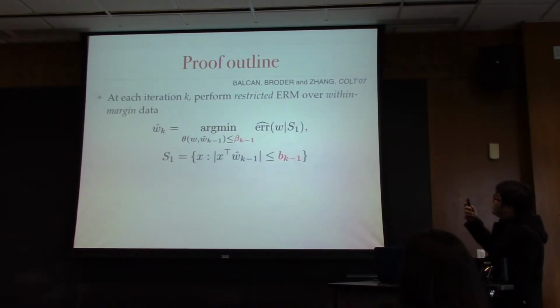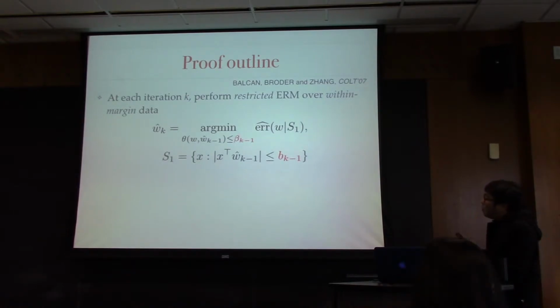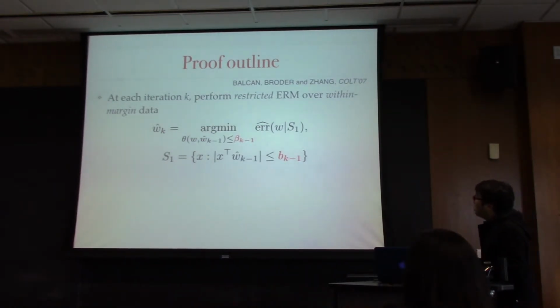I will briefly describe the proof outline, because in our noise tolerant analysis, we will closely follow this proof, and we will show in which part we revise the proof so that the algorithm becomes noise tolerant.